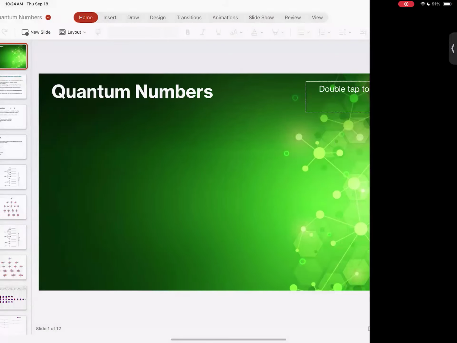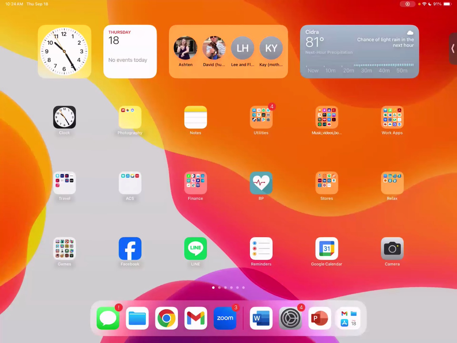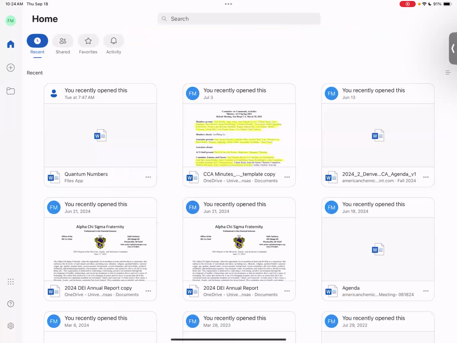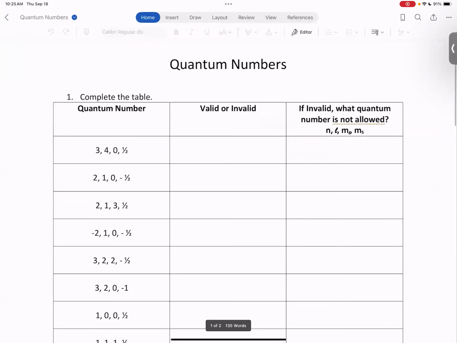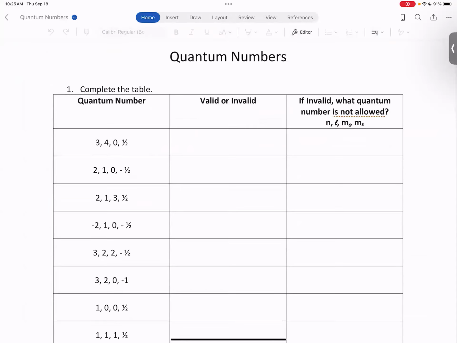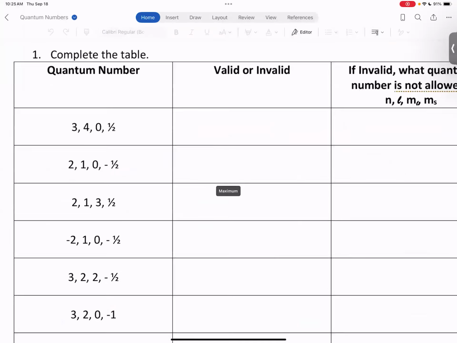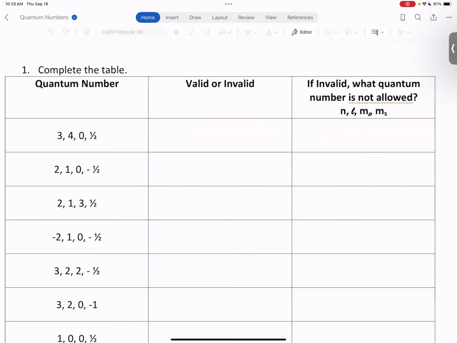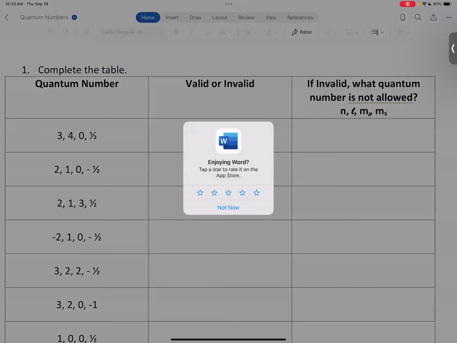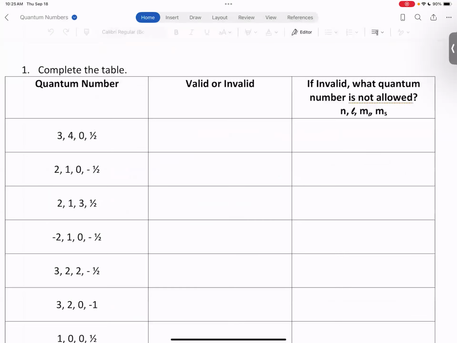So let's look at some examples. The first one reads 3, 4, 0, 1/2. Okay, well, n can be 3.